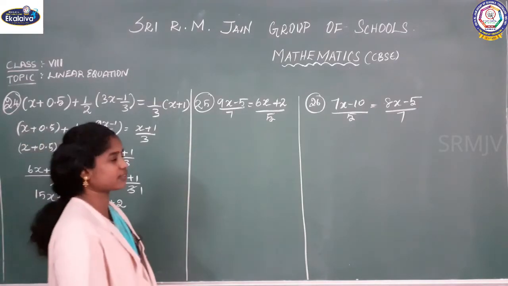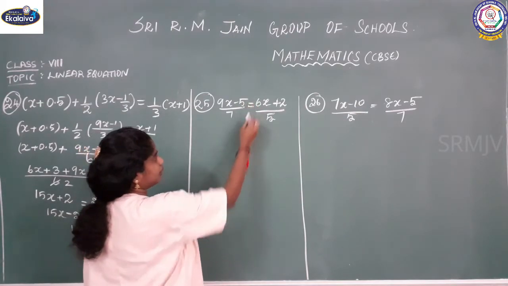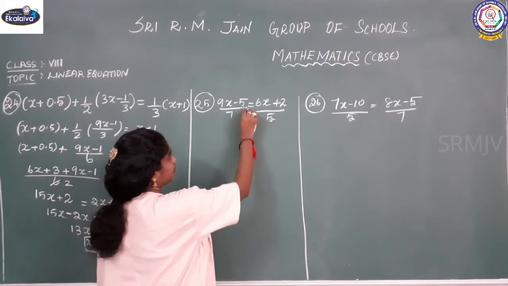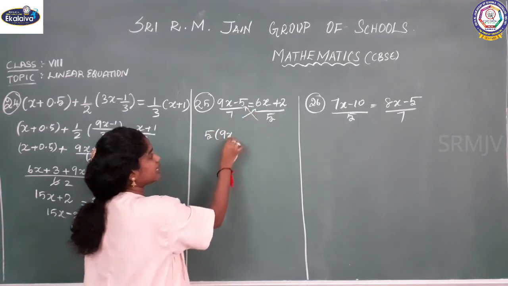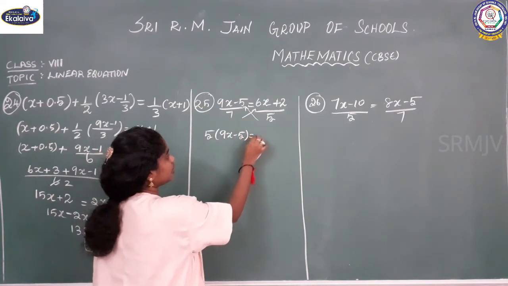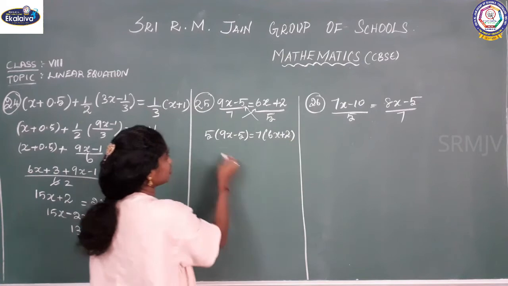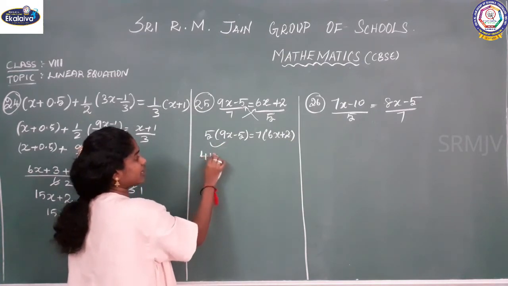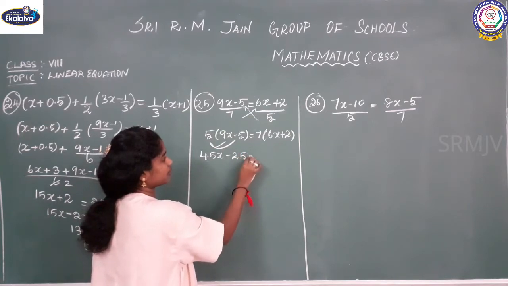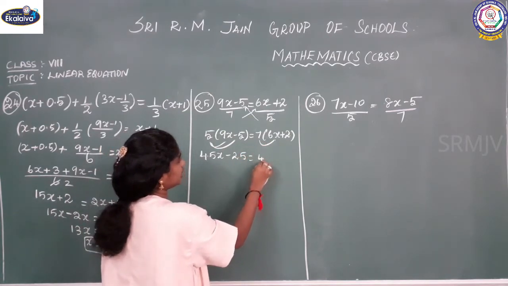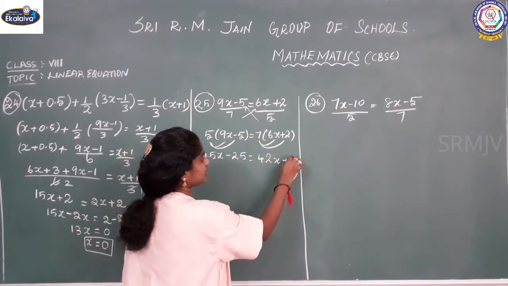Now let us see the 25th sum. I have to cross multiply this. So what I will get? 5 into 9x minus 5 is equal to 7 into 6x plus 2. So I will get 45x minus 25 is equal to 42x plus 14.